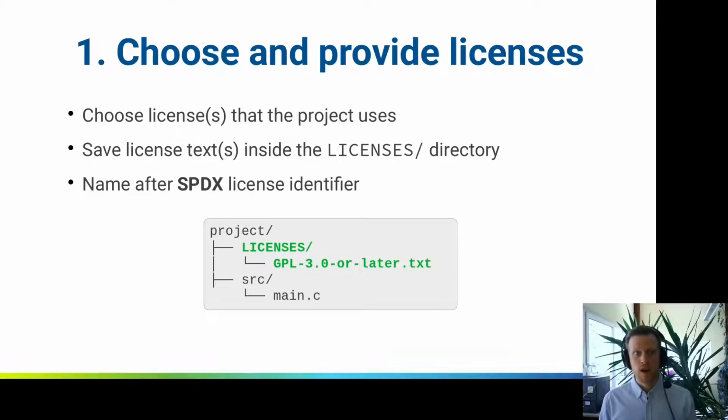And we name them after an SPDX license identifier. So SPDX is a cool project that came up initially with a number of unique license identifiers for all those licenses, or many of them, that are out there. So in this case, we have a project with a C file, and our first license is a GPL 3.0 or any later version. So here we store it in the licenses directory.